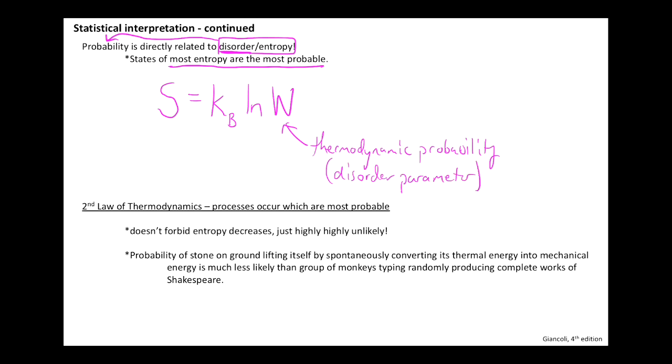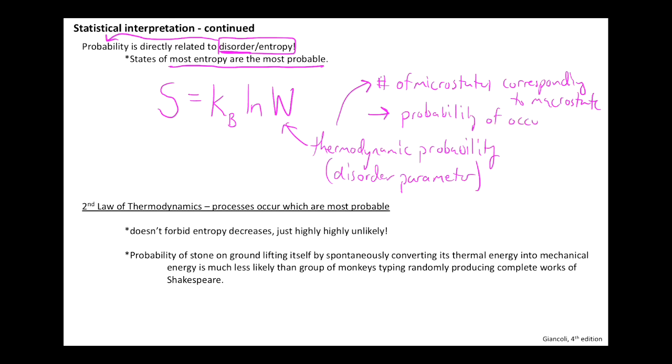It turns out that this particular thing is the number of microstates corresponding to the macrostate, which we've already determined relates to the probability of the occurrence of that state.